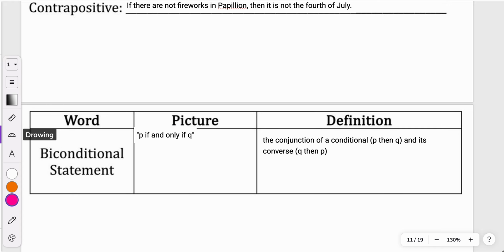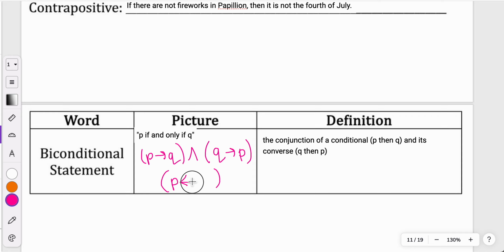It's gonna look kind of weird, but I'll explain it here in a second, okay? P then Q gets mashed up with Q then P, then we can write that as P with like two little arrows and a Q. That just means P if and only if Q, okay?